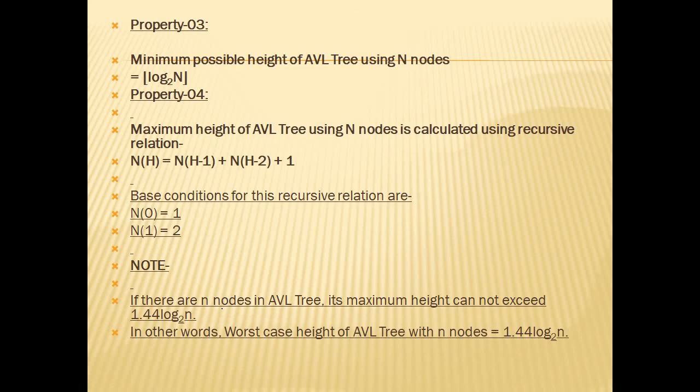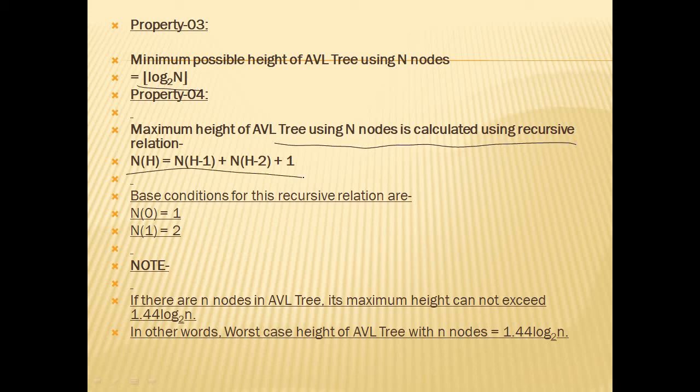The third property is the minimum possible height of an AVL tree using n nodes. If I have n nodes, what will be the minimum possible height of the tree? That we calculate with the help of the log base 2 of n method. Next, the maximum height of an AVL tree using n nodes is calculated using a recursive relation.